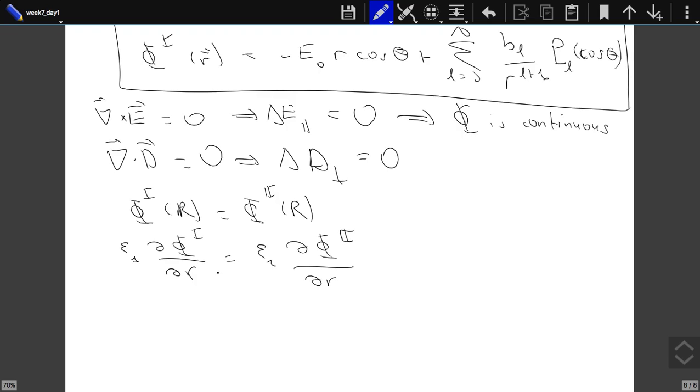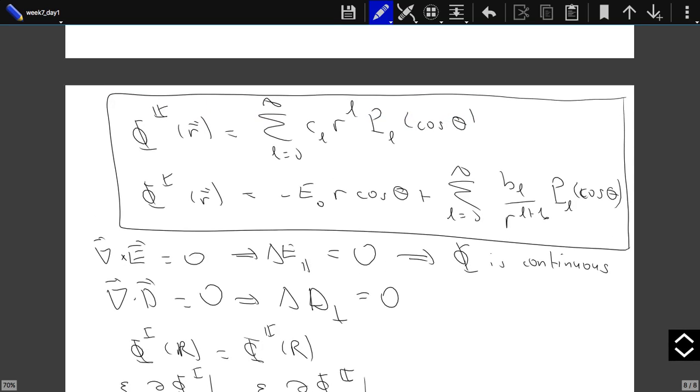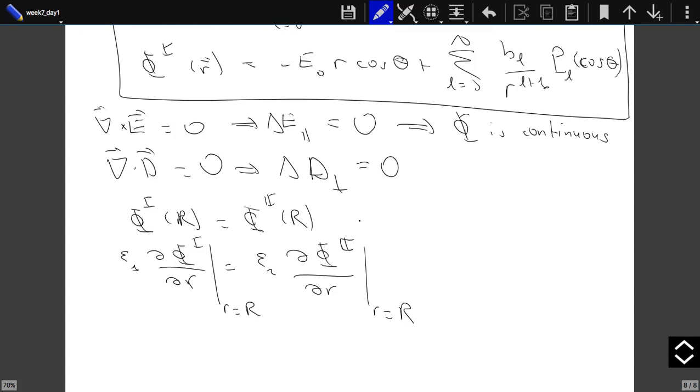Furthermore, the second equation tells me that epsilon 1 times del phi 1 over del r, because the radial component is the perpendicular component to the surface, that's why I'm only considering the radial part, should be equal to epsilon 2 del phi 2 over del r. Of course, both are evaluated at small r equal to capital R. This is the other condition.